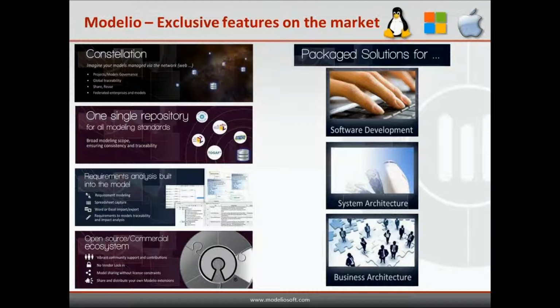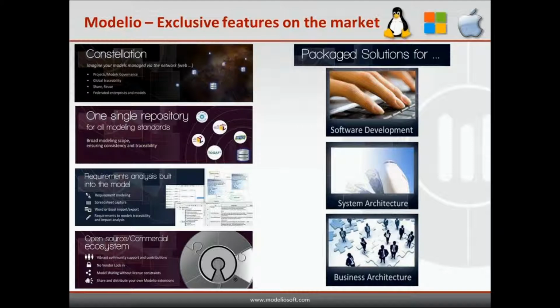One other feature is the fact that Modelio gathers in one single repository all modeling standards, for example UML, BPMN, extensions for TOGAF or MODAF, or also SysML. This helps to have a broad modeling scope and to ensure global consistency and traceability on a large domain modeling scope.